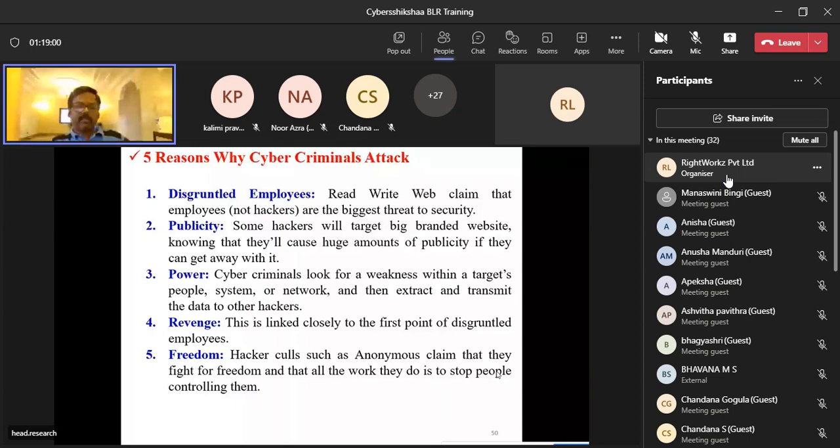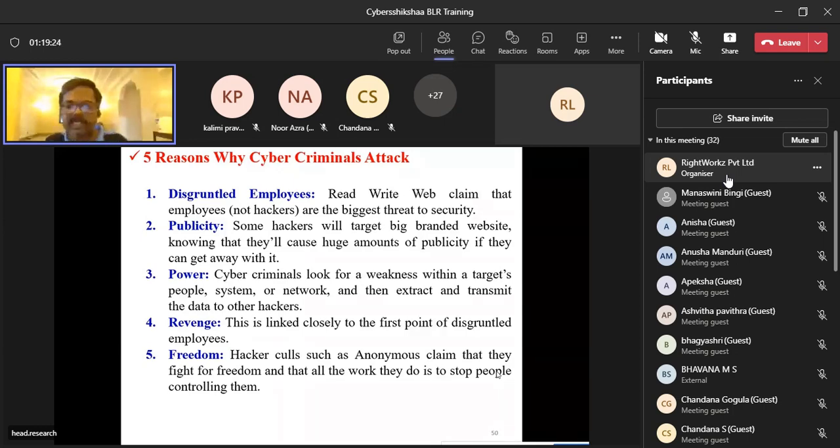They want to live a luxurious life. This cyber criminal attack is happening with the help of freedom. Cyber criminals feel that they have the freedom to do anything in this world. These are the 5 reasons why cyber criminals attack.